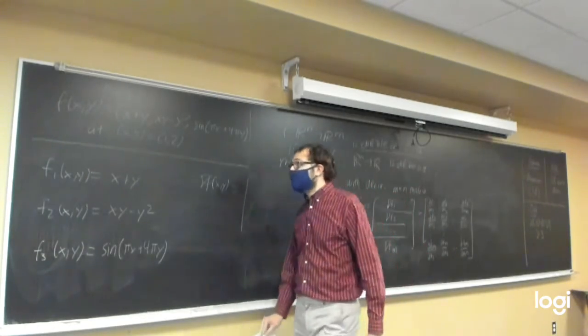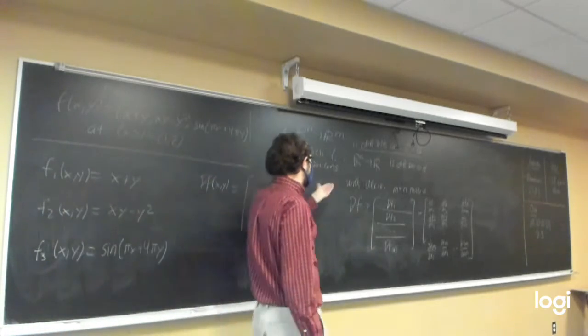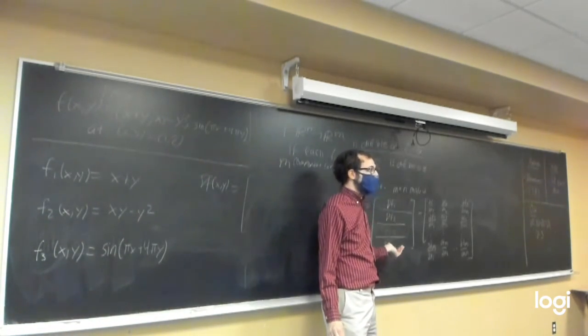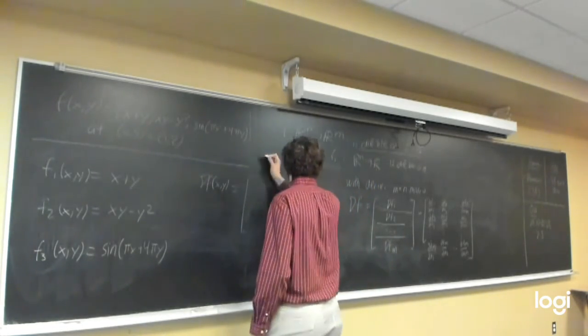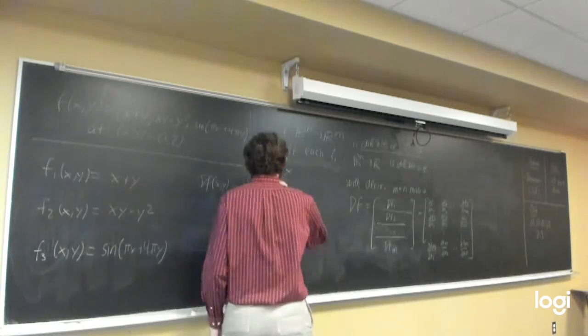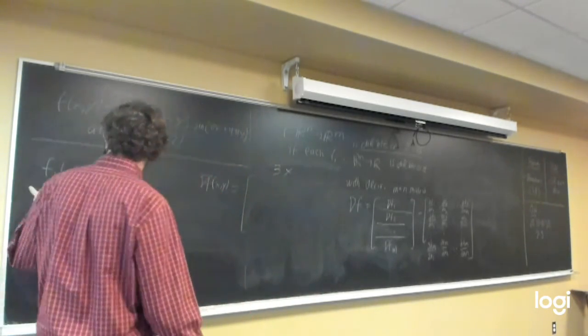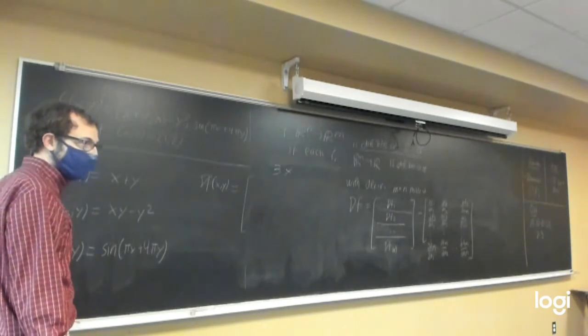So in other words, we have 3 component functions. In our big derivative matrix, we're going to have a different row for each component function. So that's going to tell us that we have 3 rows in our derivative matrix. One for the partials of f1, one for the partials of f2, one for the partial derivatives of f3.